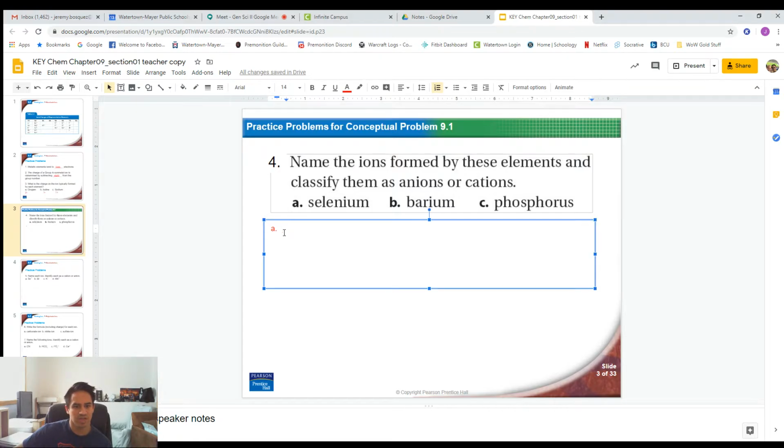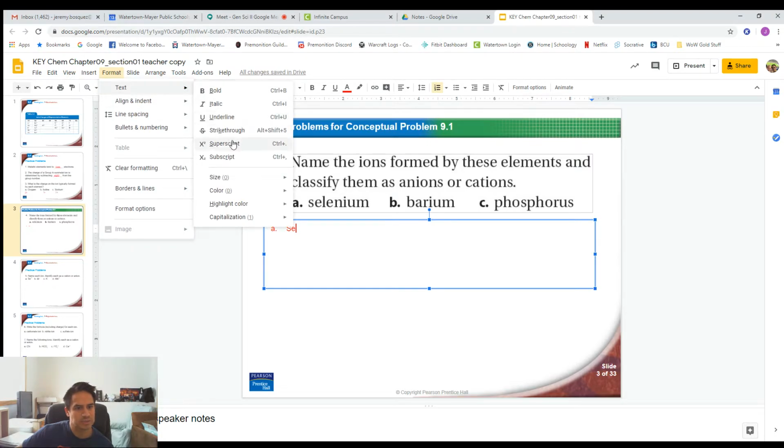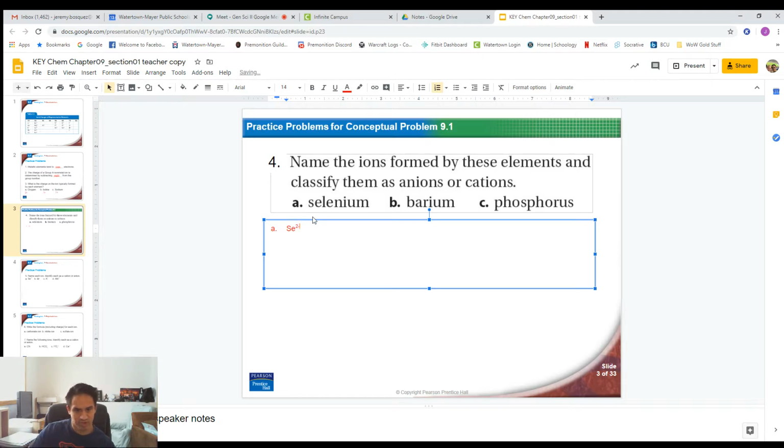So naming them, selenium will be Se, and make sure we use the right thing here to get our superscript. Might be format options, text. There you go, superscript. Okay, so Se 2-. It is an anion because it's negative, and when we name this, because it's an anion, we have to change the ending. So this is going to be called a selenide ion. Remember that negative ions, anions, have to have that "ide" ending on the end of them. So we do have to put that on there.